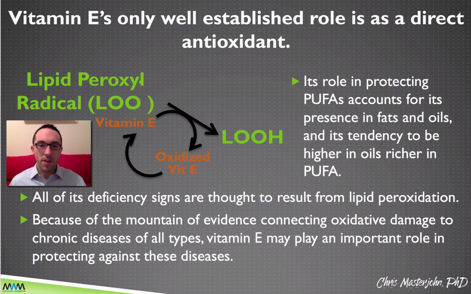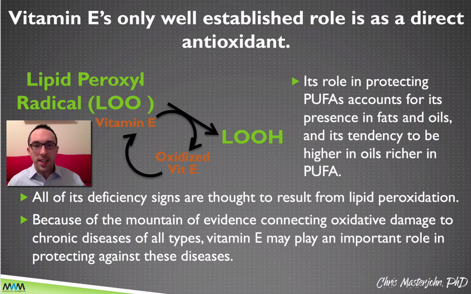There are a lot of other things that we believe vitamin E does, like regulate gene expression, but it's not clear if it does them independently from this process, because oxidation and lipid peroxidation affects many other cellular processes. So to date, there's no real clear evidence that vitamin E does anything that can't be traced directly to its role as an antioxidant in this context.